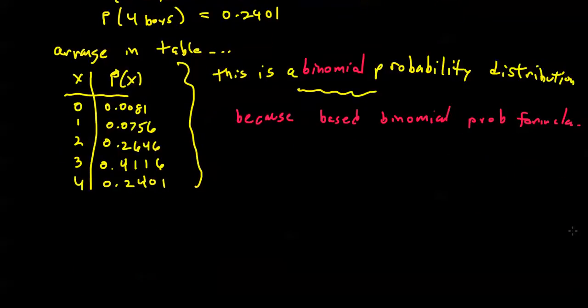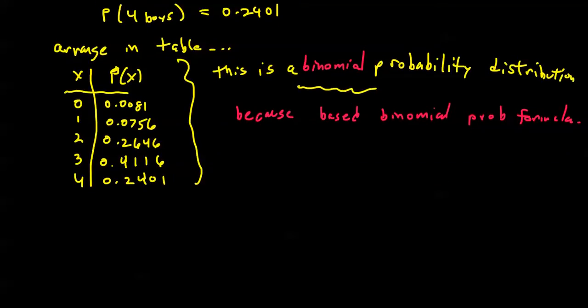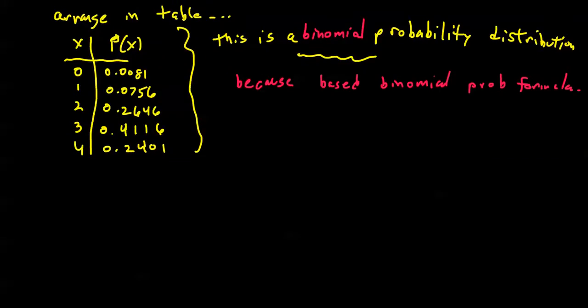Now, as we know from section 5.2, we can find means and standard deviations for probability distributions, but it's very tedious. I go back to yellow here. Recall.